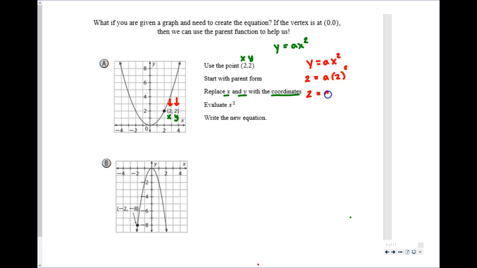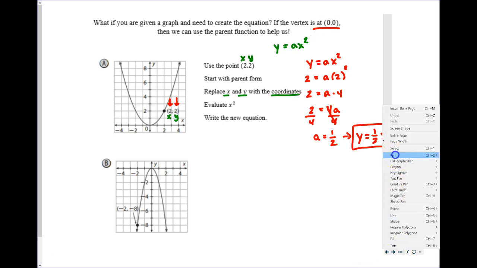A times 2 squared is a times 4, which is the same thing as saying 4a. And then divide both sides by 4 to get a equals 1/2. Now that I know a equals 1/2, I can write my equation as y equals 1/2 x squared. Okay? Pretty simple. We can only do this when we have the vertex at 0, 0, though. Otherwise, it doesn't work. But we're going to use that for now.